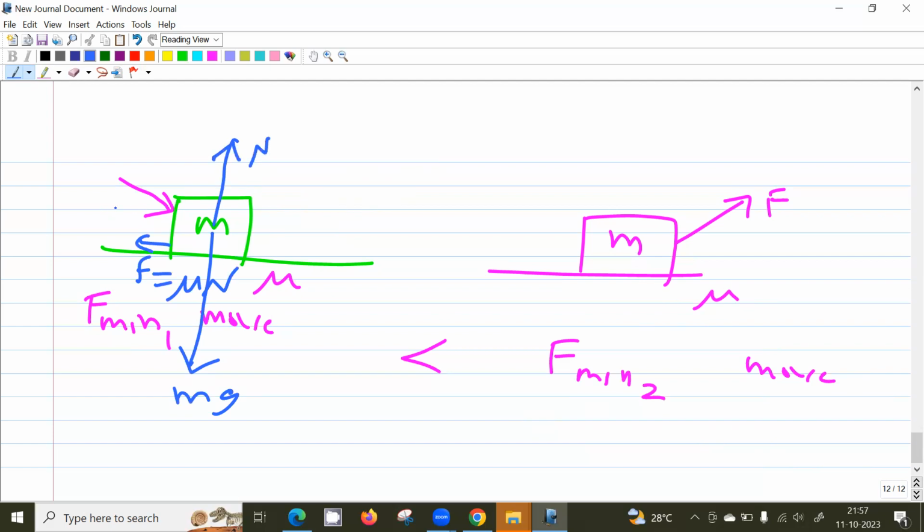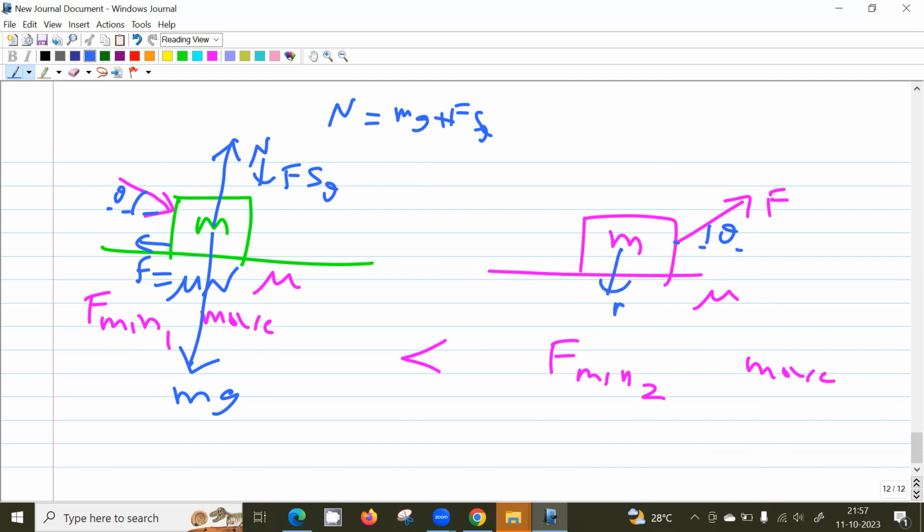The applied force makes an angle theta, so it has a horizontal component F cos theta and a vertical component F sin theta. In the first case, the normal reaction is mg plus F sin theta. In the second case, with the same angle theta, F cos theta is towards the right and F sin theta is upwards.